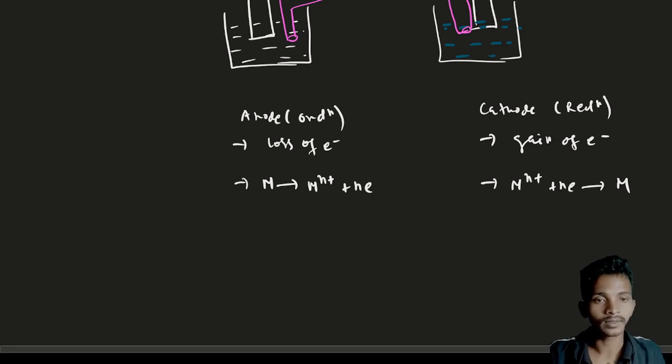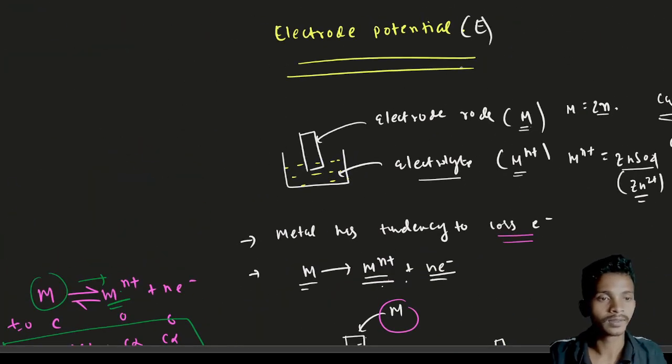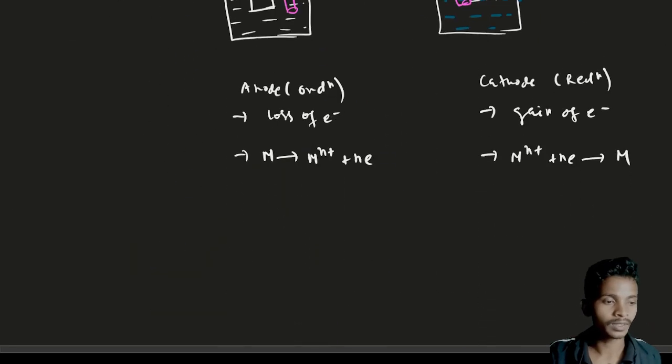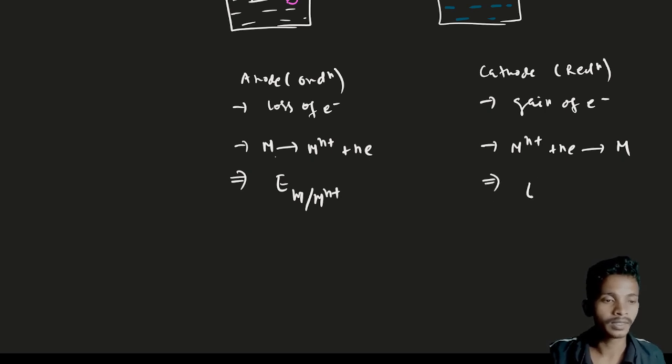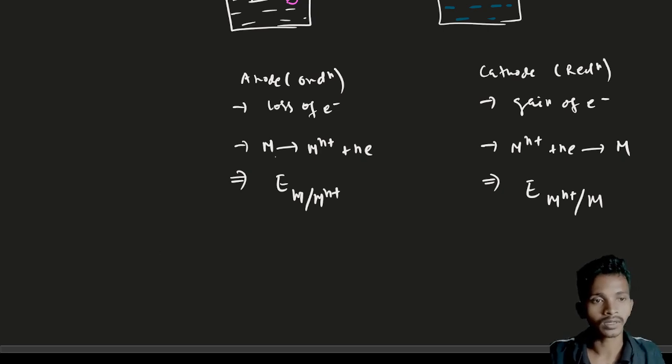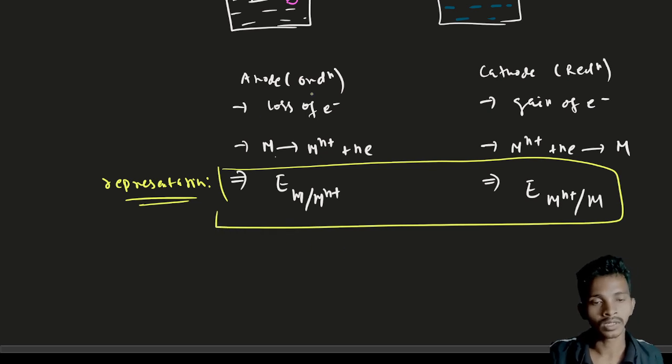So if I write this in terms of electrode potential, electrode potential is represented by E. This one, in electrode potential terms, from M to M^n+, is represented as E of M to M^n+. Similarly, the other is represented by E of M^n+ to M. This is the representation of electrode potential for oxidation and for reduction.